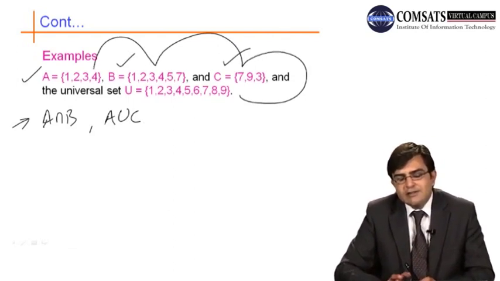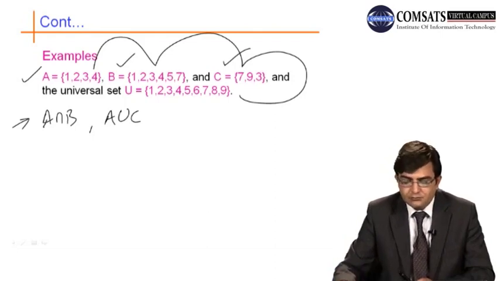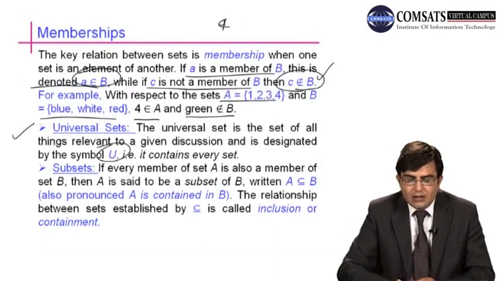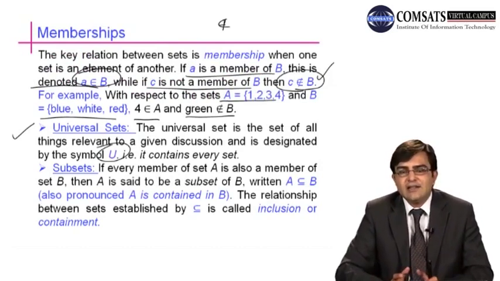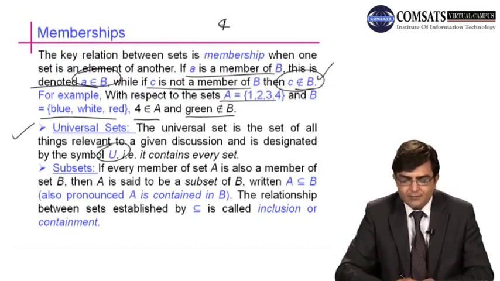So a universal set is a set which contains all the sets under discussion or under the manipulation of sets. Such a set is called the universal set.